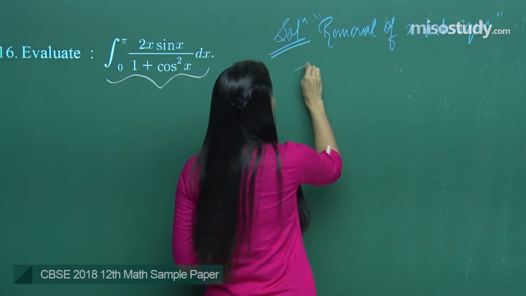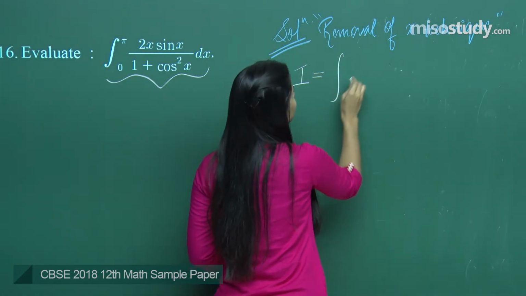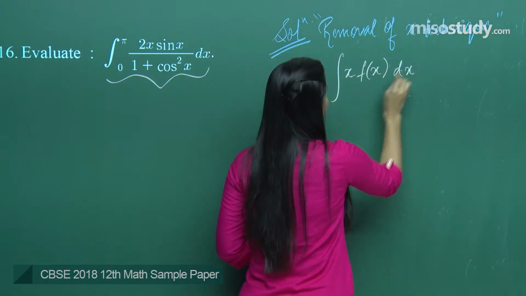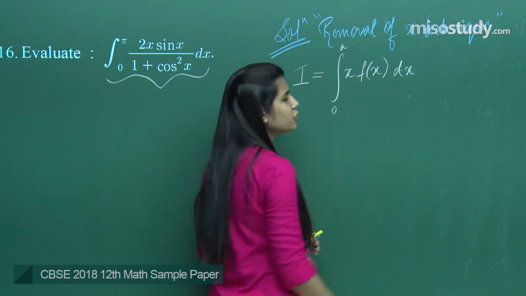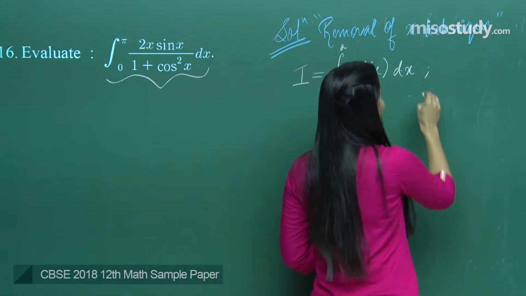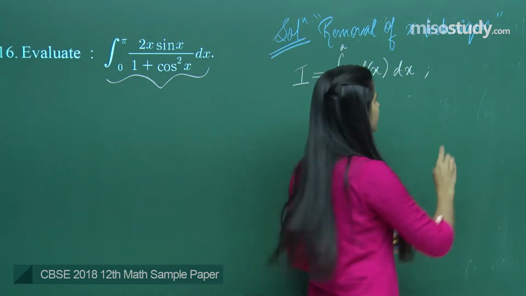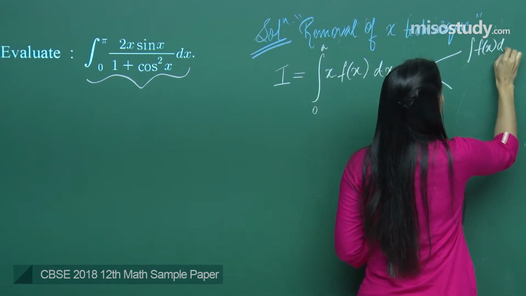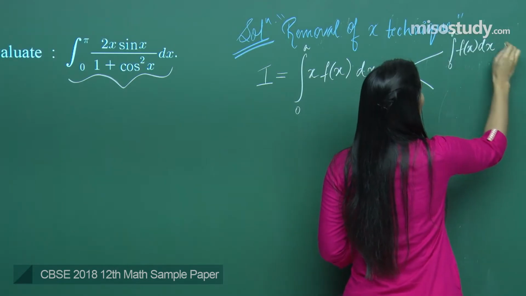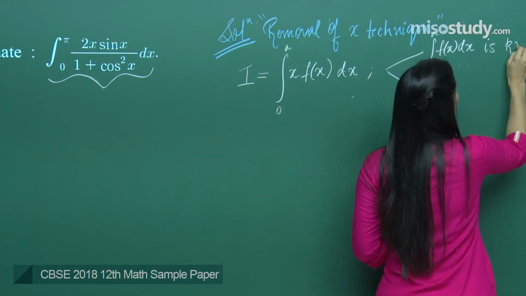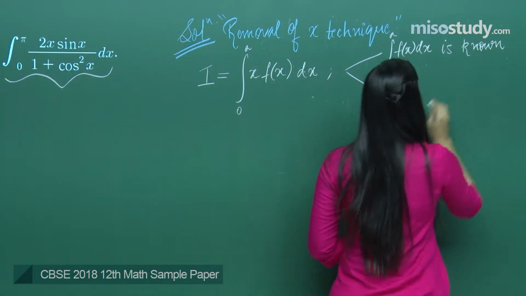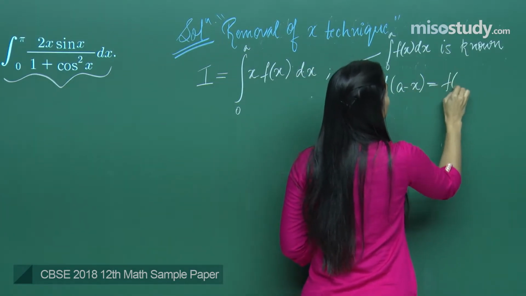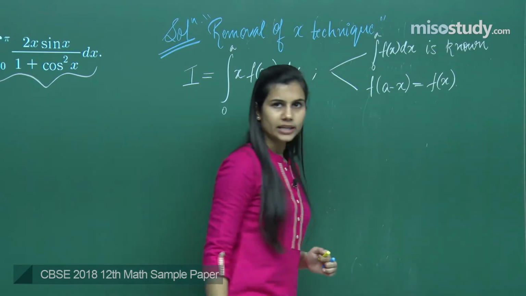This said that if you have an integral of the form x into f(x) from 0 to a, such that two things get satisfied. One is that integral f(x) dx from 0 to a is known, and second thing is that f(a minus x) comes out to be equal to f(x).